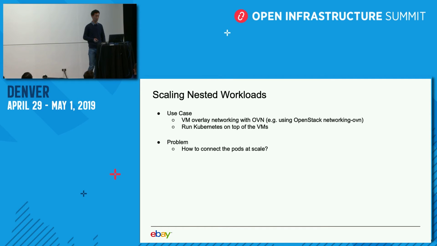And the next one is about scaling the nested workloads. The major use case is running Kubernetes in VMs, which are running on OVN. So we don't do tunnel over tunnel in eBay because we think it's not very efficient.